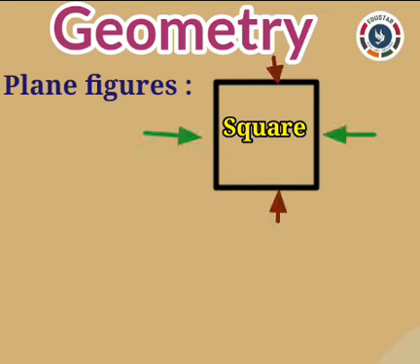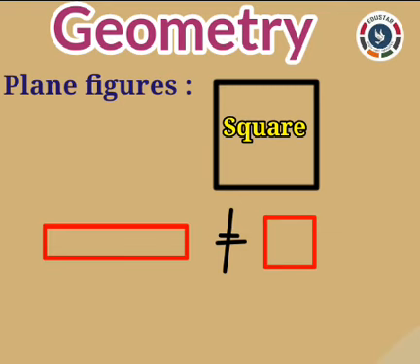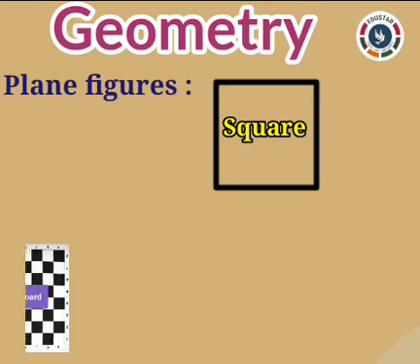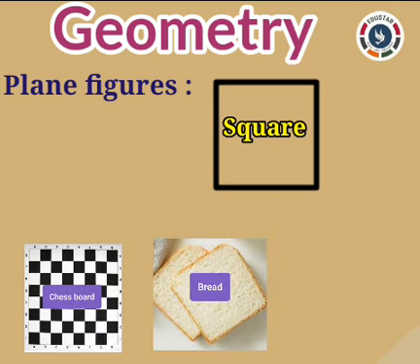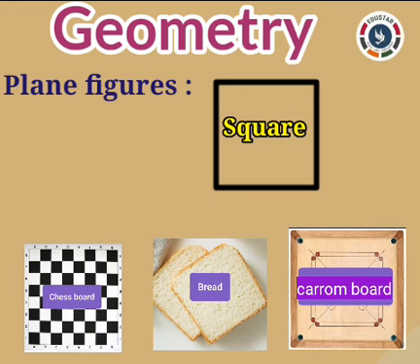Do you know? Since opposite sides of a square are equal, it is also a rectangle, but a rectangle is not a square because in a rectangle all sides are not equal. Some common examples of square are chessboard, bread, carom board and so on.